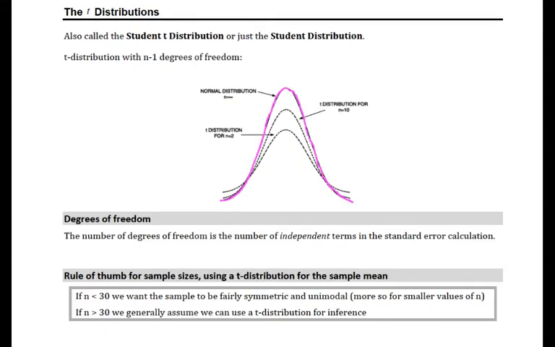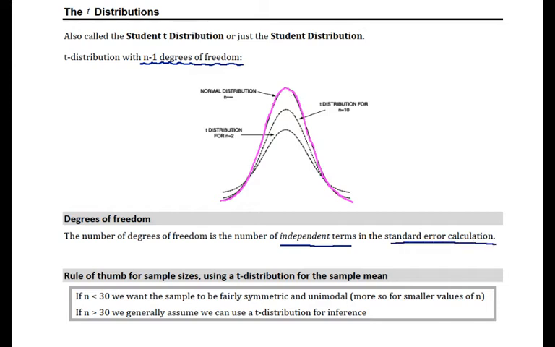So we refer to the t-distributions as a family of distributions. We have a different distribution for each number of degrees of freedom. The degrees of freedom are the number of independent terms in the standard error calculation.